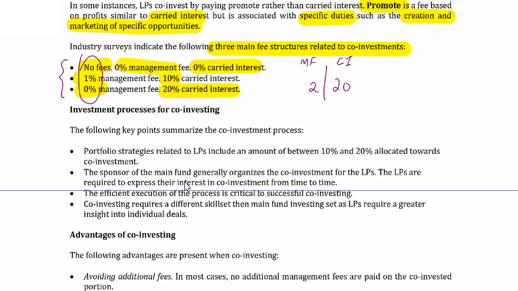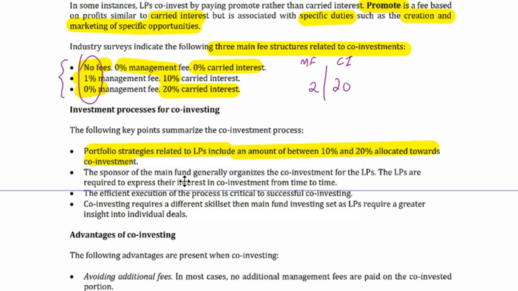Investment processes for co-investing. What is the process for co-investing? Strategies related to limited partners include an amount between 10 and 20% allocated towards co-investment. So most of the activities are kept in the main fund. A little bit is then allocated towards co-investment.